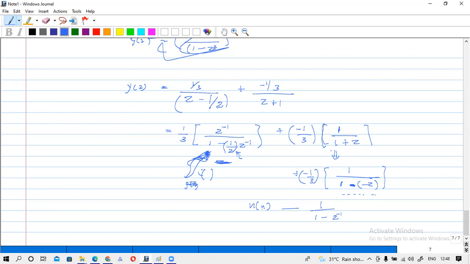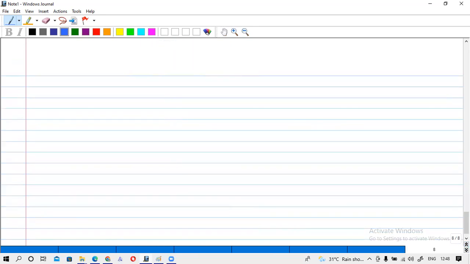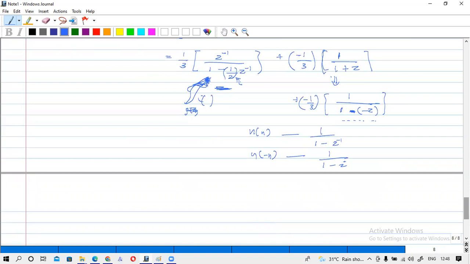So this will be the u n. If you get u minus n, this will be 1 minus z plus.